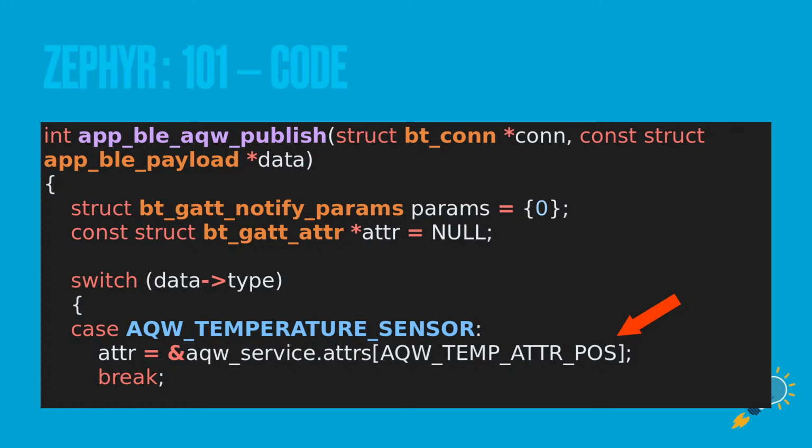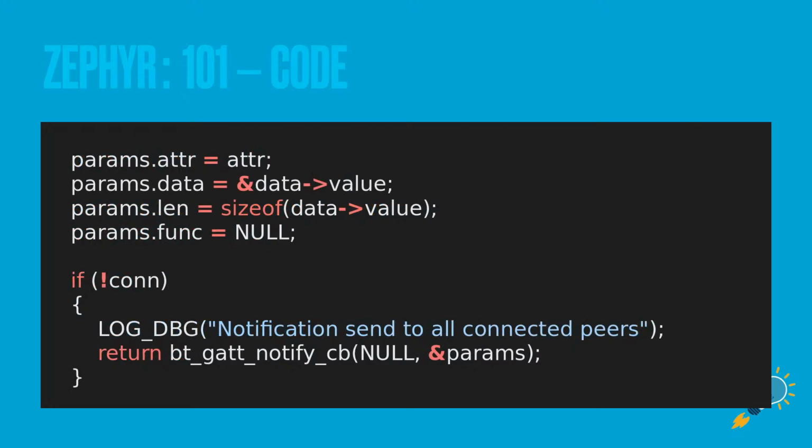All we're doing is getting the pointer for the data that was allocated when we created the service. There are a bunch of different data types here, but I'm only focusing on the one temperature sensor. And you can see we're setting the params: the attribute or where we're getting the data from, the data value, the size of it, and any other functions or callbacks, which is a little more advanced.